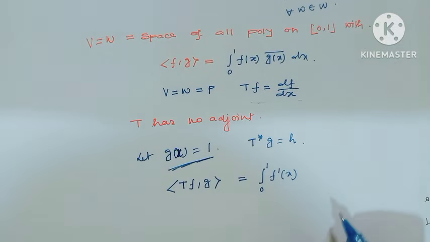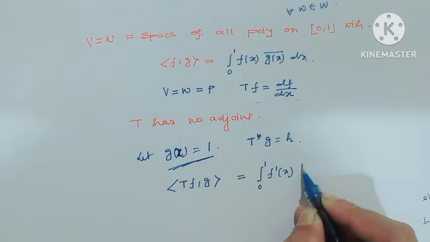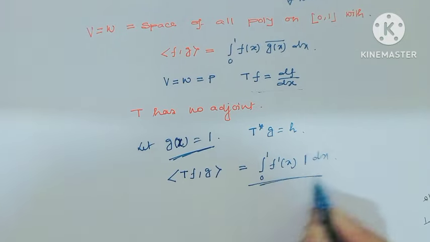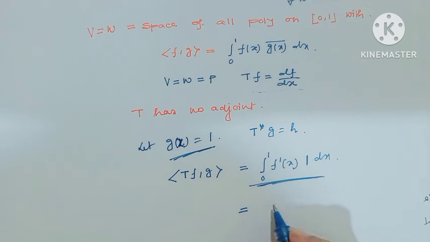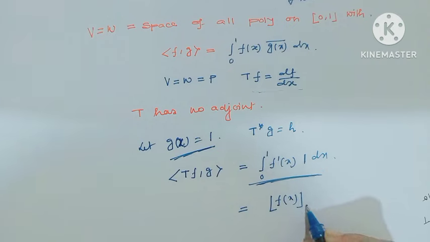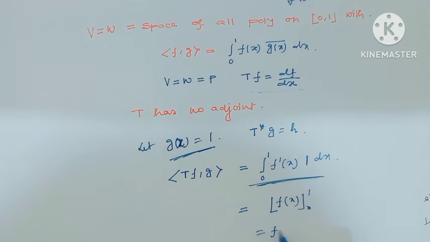Then the integral of f dash x times 1 dx, by the property of integration, is f(x) from 0 to 1, and this value is f of 1 minus f of 0.